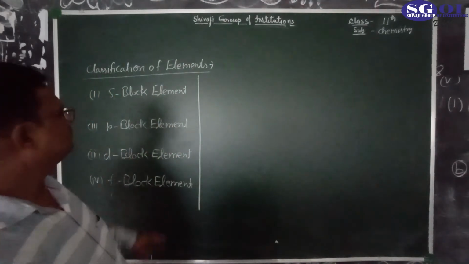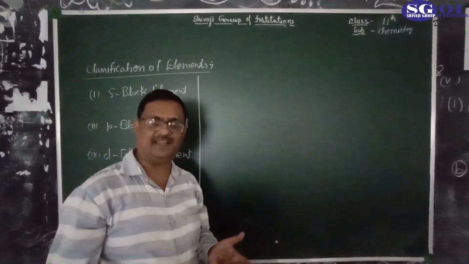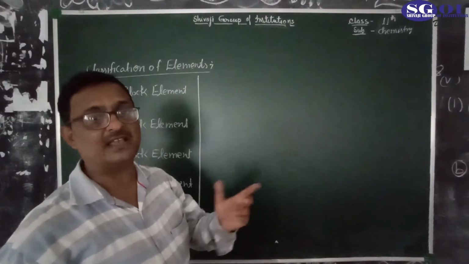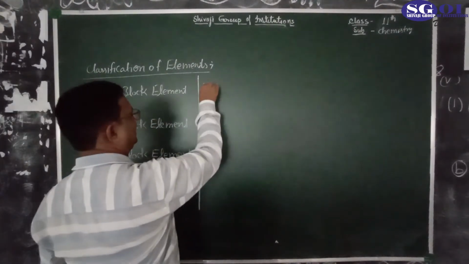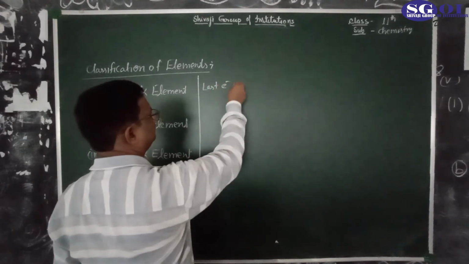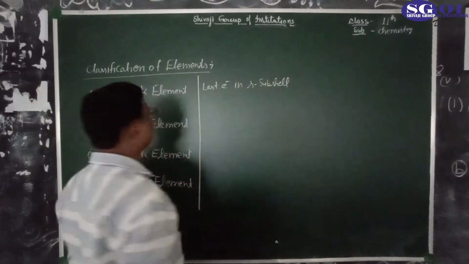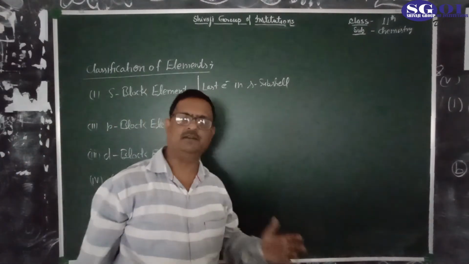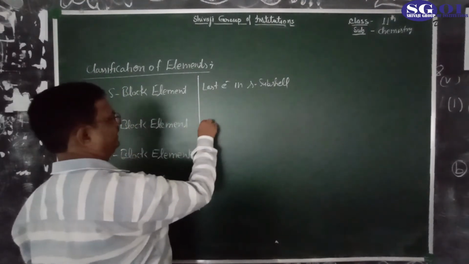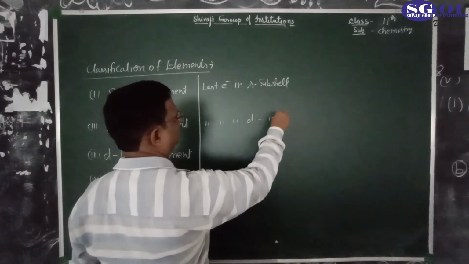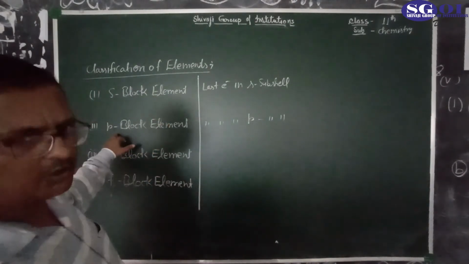Elements in which the differentiating electron, the last electron, enters the S subshell are known as S block elements. If the last electron enters the P subshell, they are P block elements.